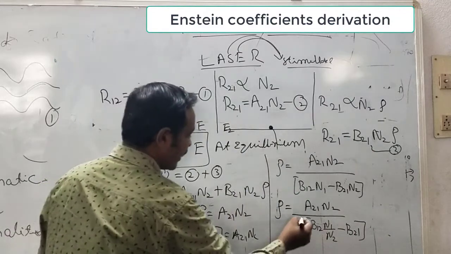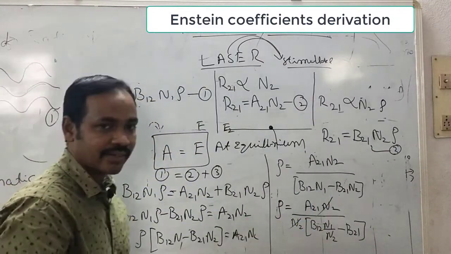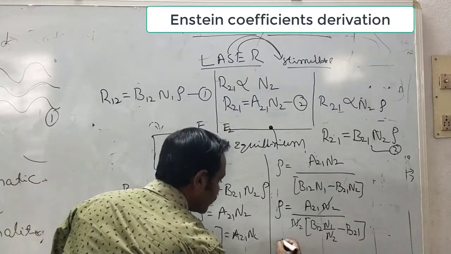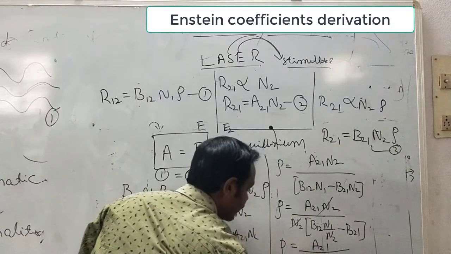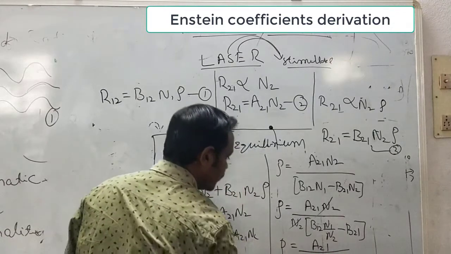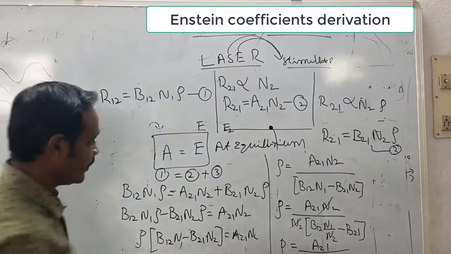So can I cancel out N2? Then the remaining factors we are writing here. So rho equals A21 by B12.